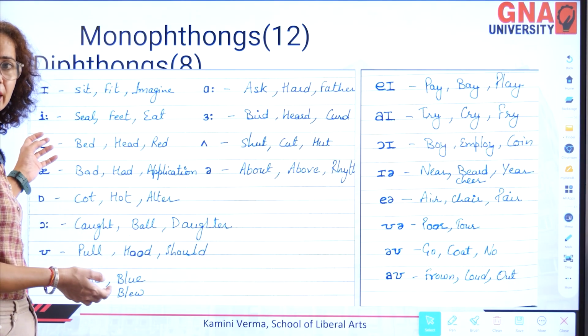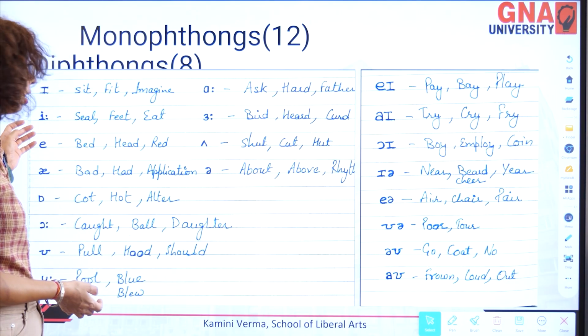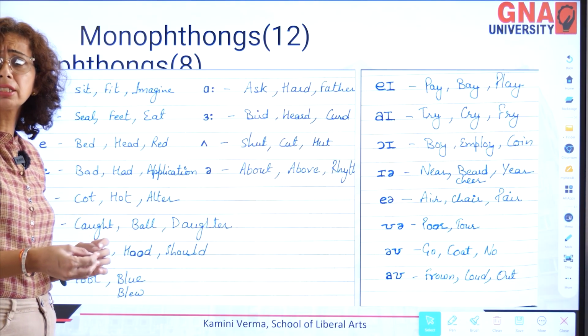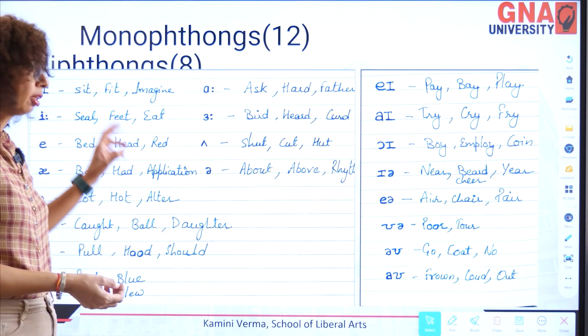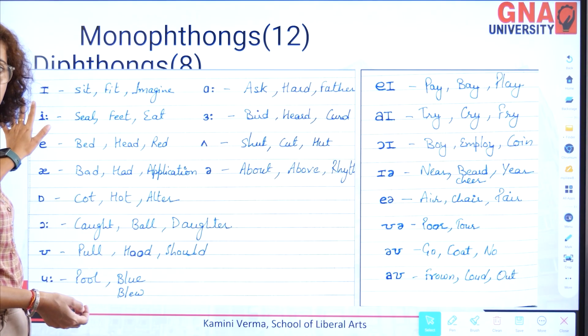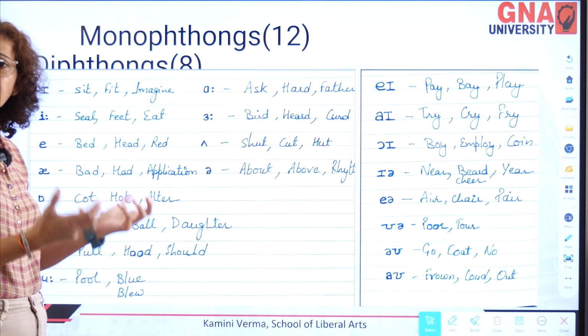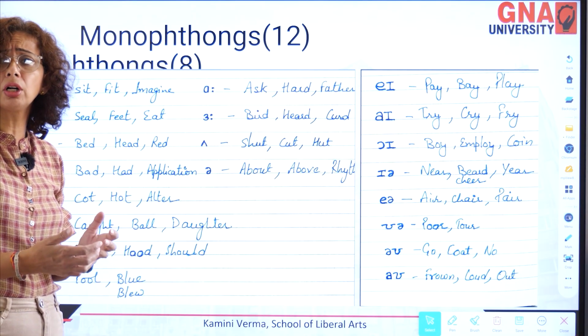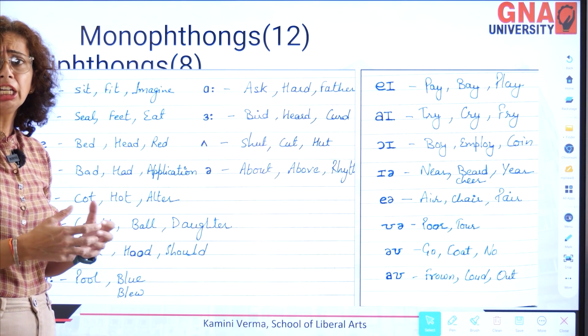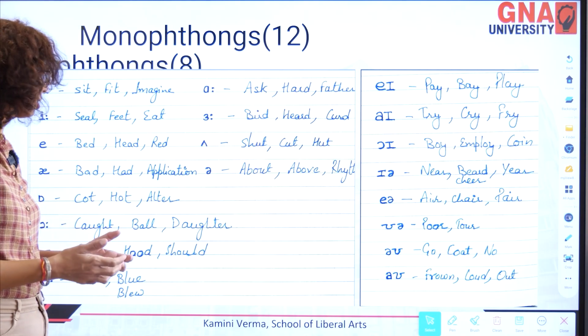Moving ahead, the next one is again E, the stressed E. This one is called the unstressed E, and this one is called the stressed E. The stressed E is in the words seat, heat, feet.